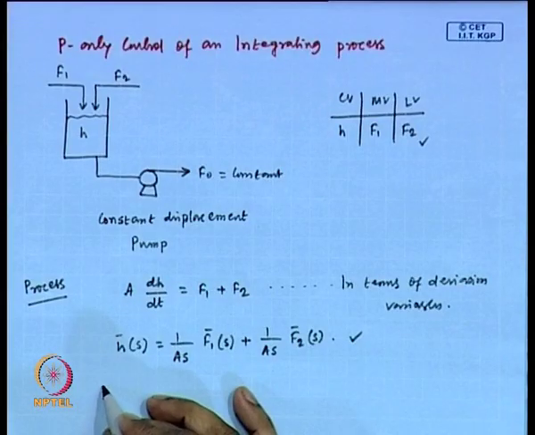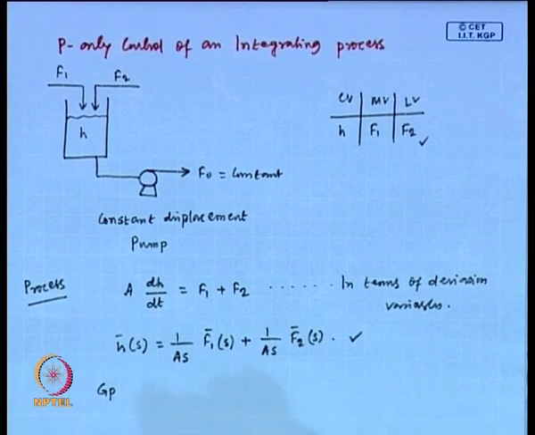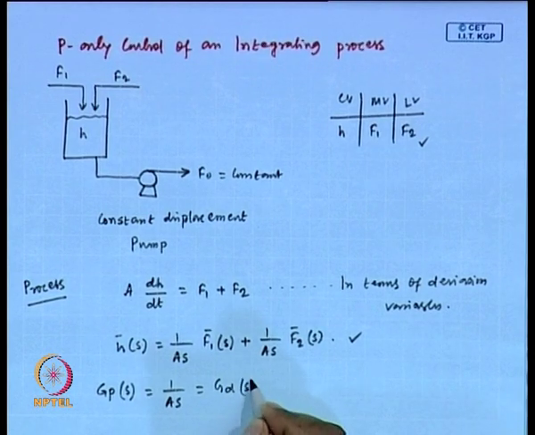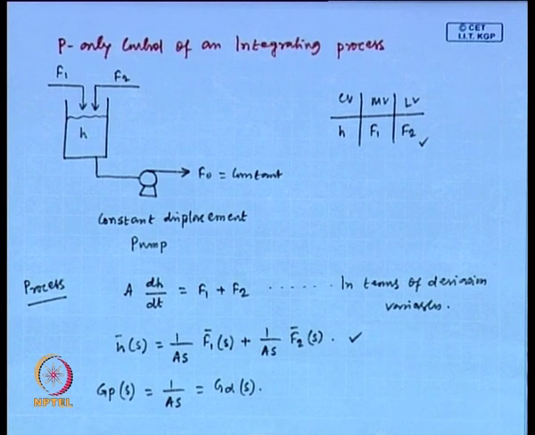So, from this form, we get the transfer function of the process G p with respect to m as 1 by A s, and G d s is also equal to 1 by A s, fine.